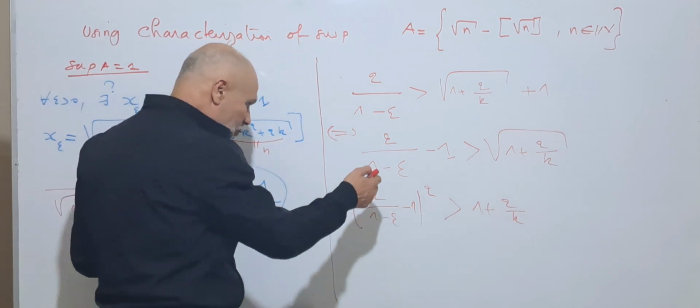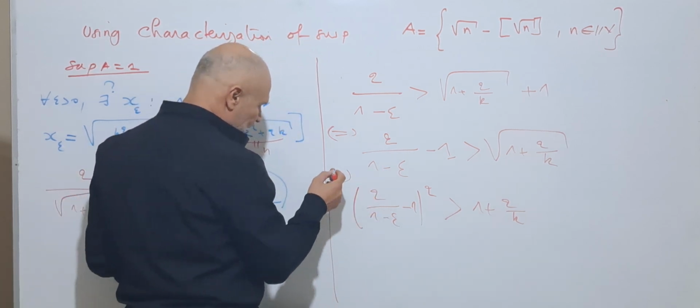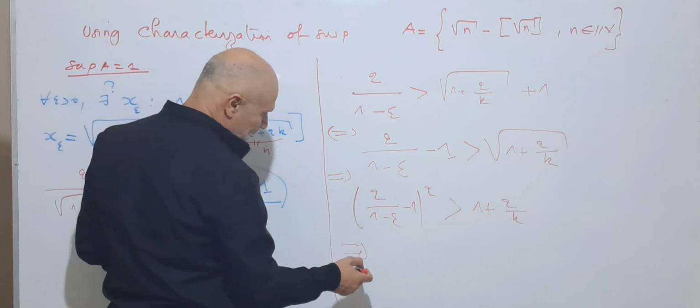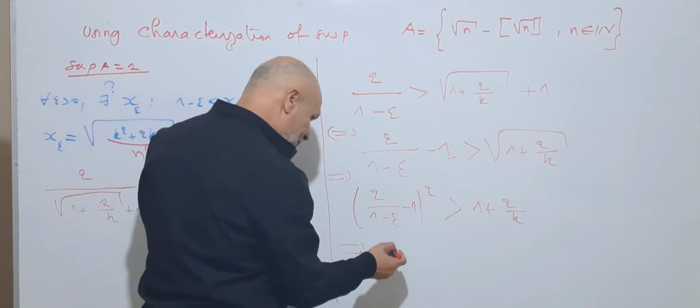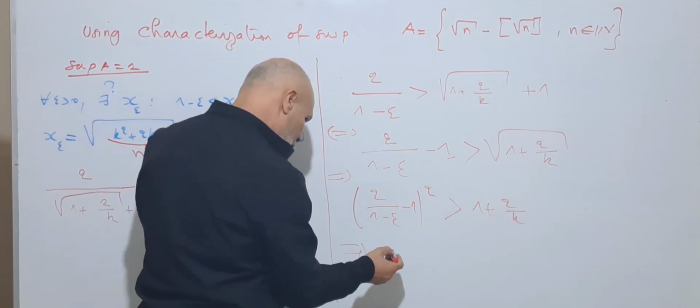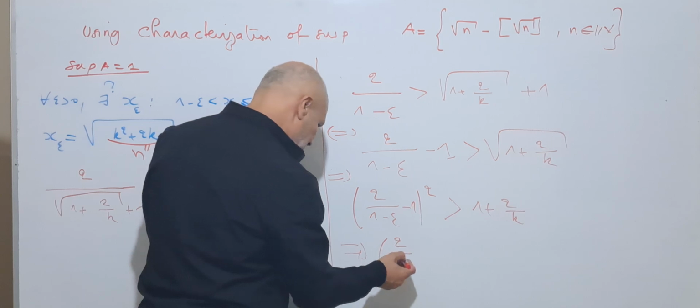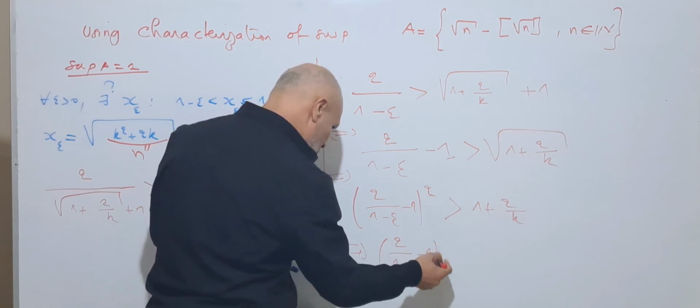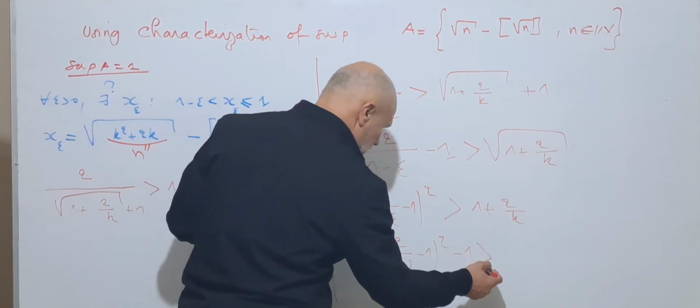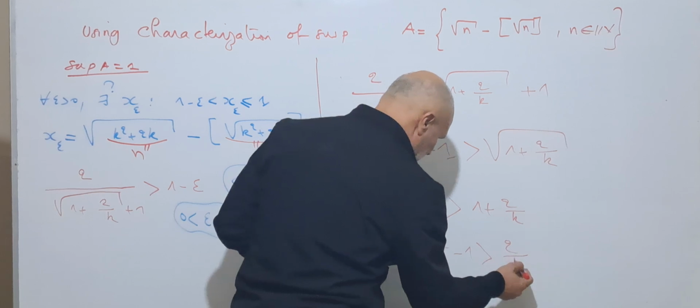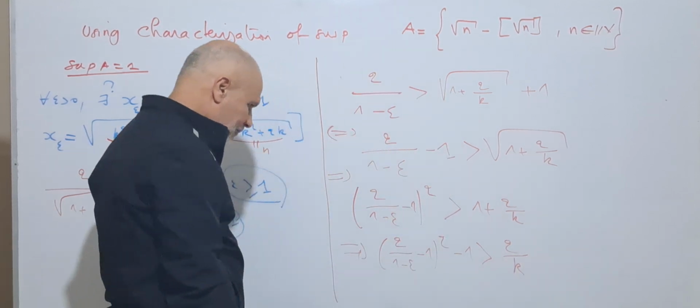From here we can deduce that 2 over 1 minus epsilon minus 1, squared, minus 1 is greater than 2 divided by k.